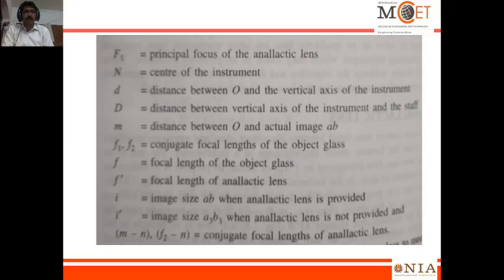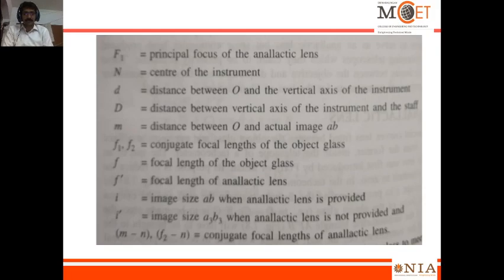F1, F2 are the conjugate focal lengths of the objective glass. F is the actual focal length of the objective glass. F dash is the focal length of the new anallactic lens, and I is the image size AB when the anallactic lens is provided, and I dash is the image size when it is not provided.